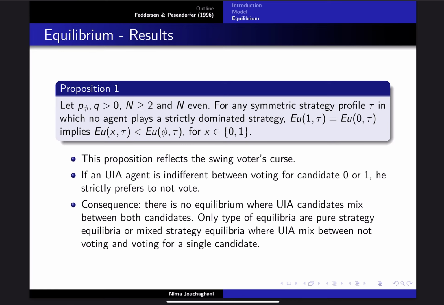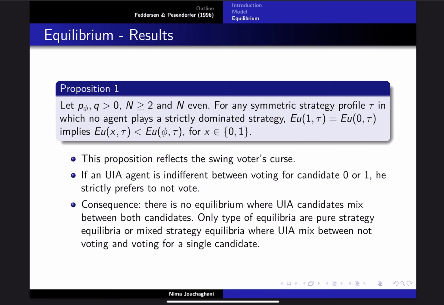Now, for any symmetric strategy profile tau, in which no agent plays a strictly dominated strategy, so not playing a strictly dominated strategy means that you do not play a strategy which is inferior to another strategy for all the states of the world that are possible. So here is state 1 and 2.